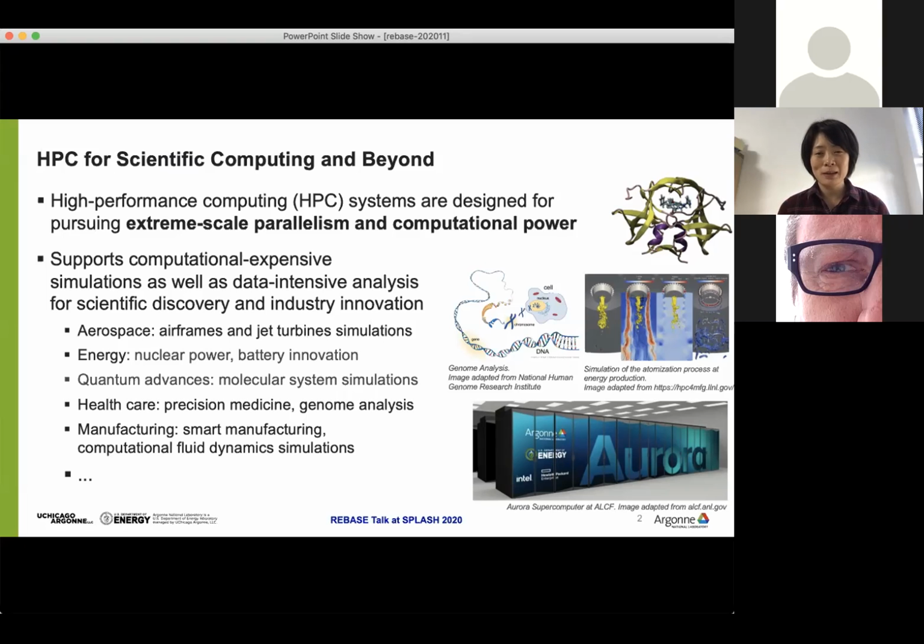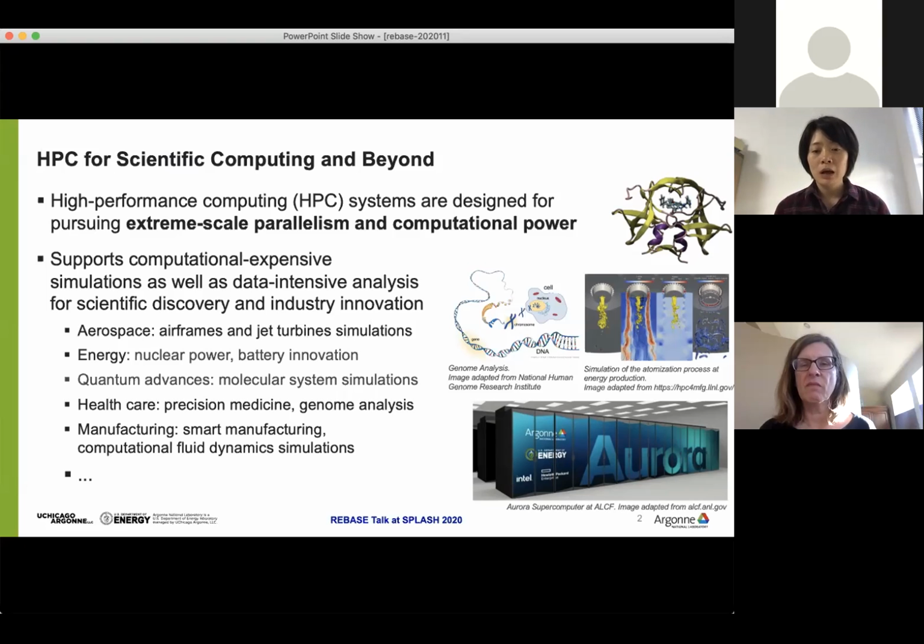In these slides, I copy pasted some fancy pictures that demonstrate what we are actually doing on those machines. At the bottom, you can see the Aurora supercomputer. It will be public to everyone late next year at Argonne. On such a supercomputer, which is a house-size machine, we are doing a lot of simulations.